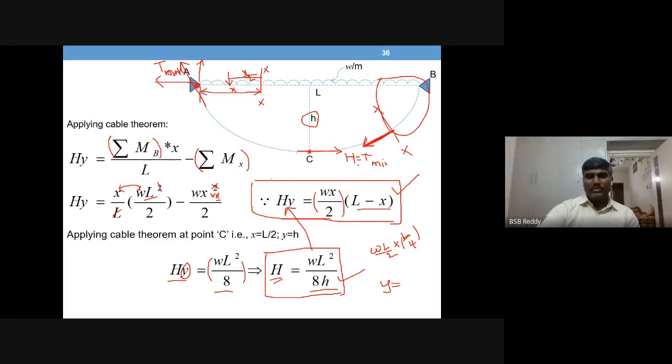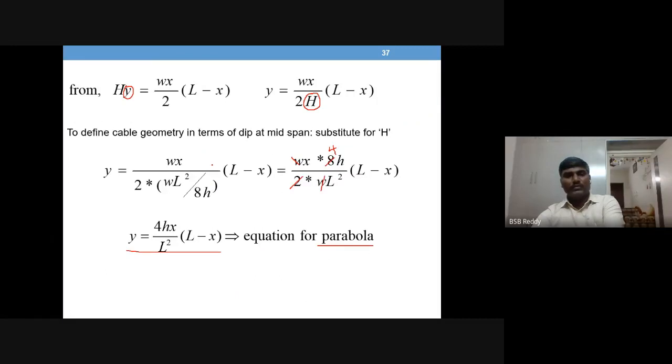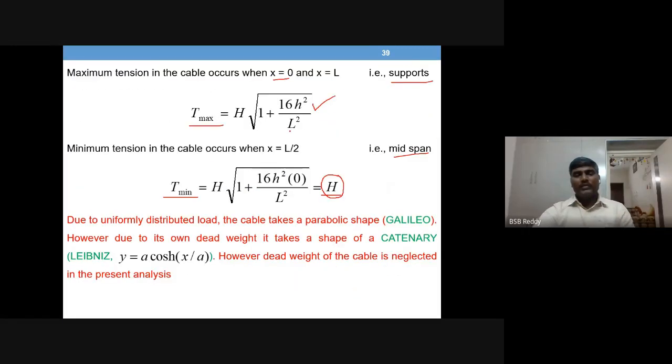Minimum tension is always equal to H. Maximum tension depends on the values of H and VA. So T maximum is equal to square root of H square plus VA square. Or you have a direct formula, so that also can be written like this: T maximum is h into square root of 1 plus 16h square by L square.